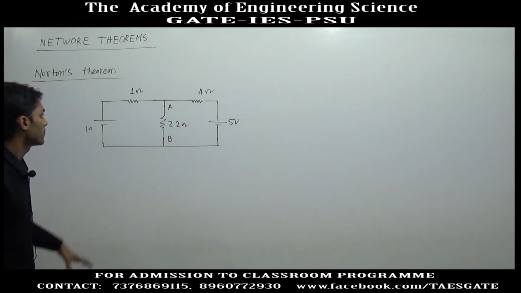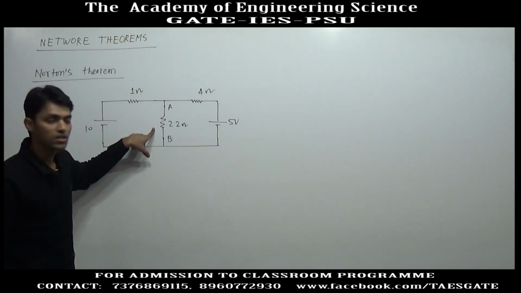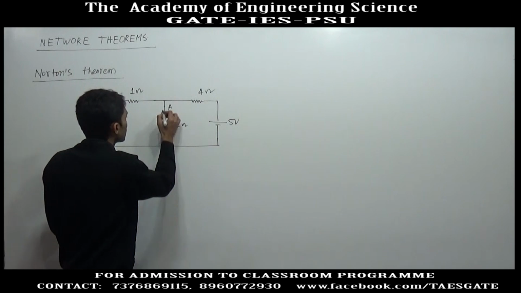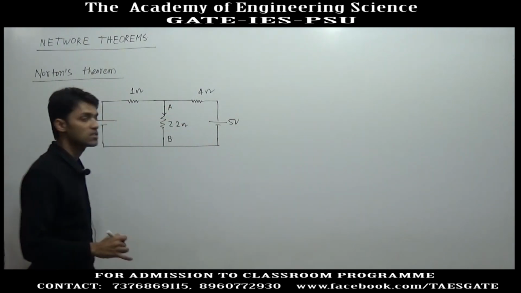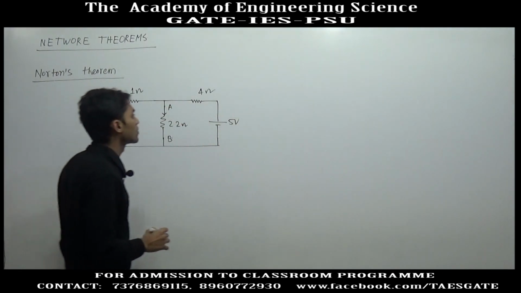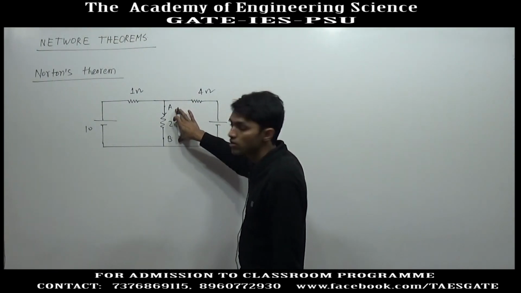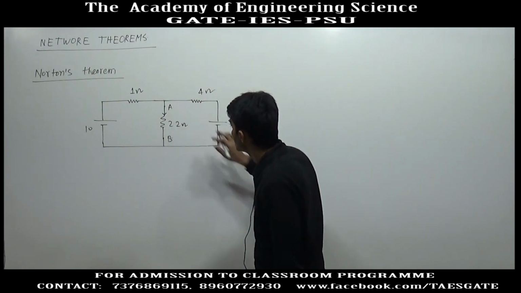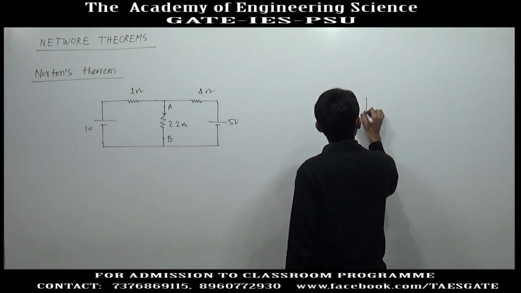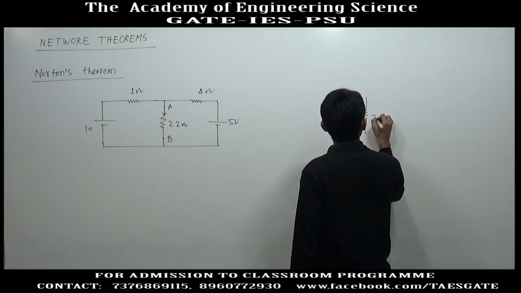Now we will find the voltage across AB and the current through the 2.2 ohm resistance using Norton's theorem. So we will find out the Norton's equivalent circuit about terminals A and B. The inside part of A and B will remain unchanged.